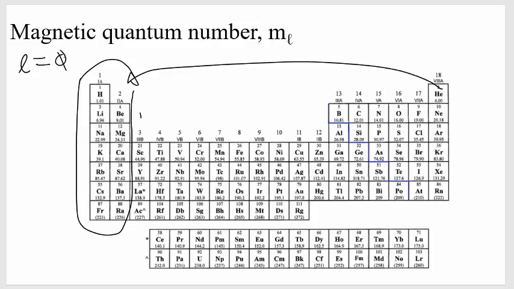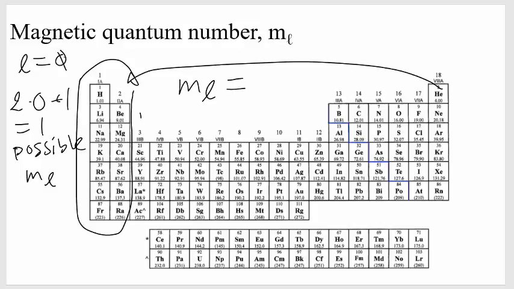So we can do our little formula, 2 times the L value plus 1, and that gives us 1 possible M sub L value for all of these elements outlined. The magnetic quantum numbers M sub L always start at 0, and if they can, go out from there. So the M sub L value for all of these elements is 0.